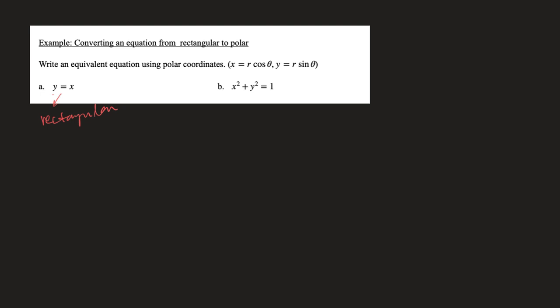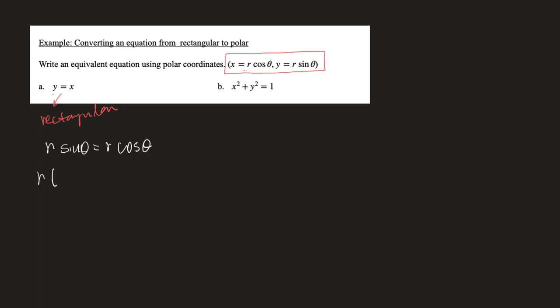A polar equation is expressed in terms of r and theta. You're going to use x is r cosine theta and y is r sine theta.